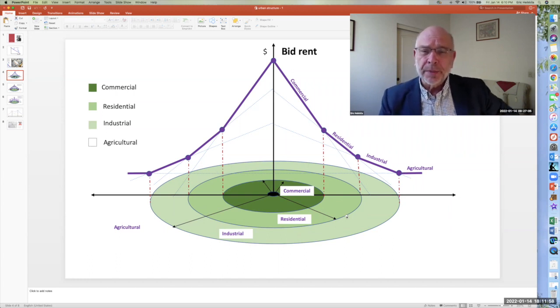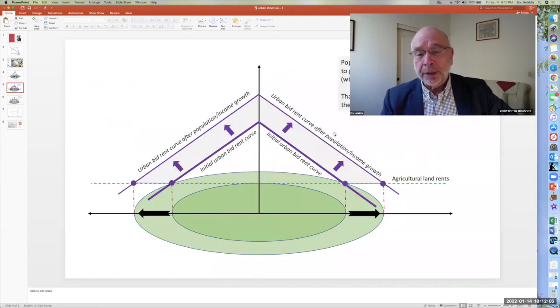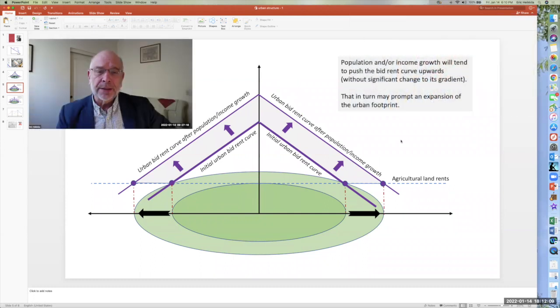Now, this model can also accommodate changes. It's useful to think about how an increase in population, for example, or an income growth will impact the bid rent curve.